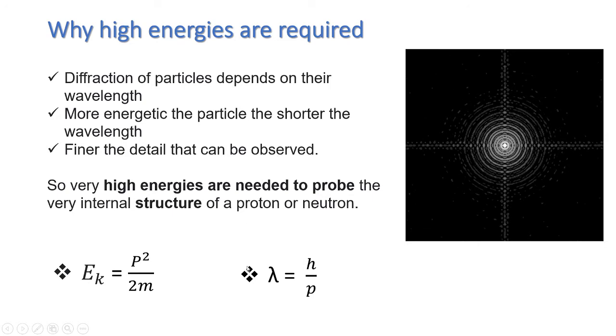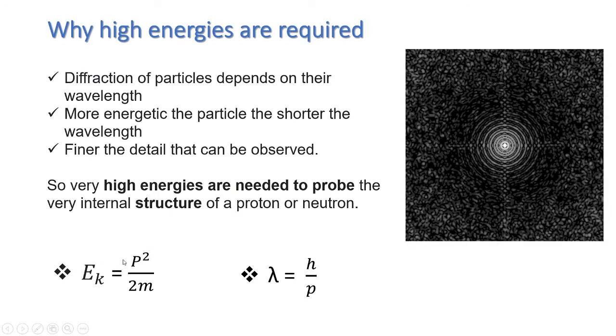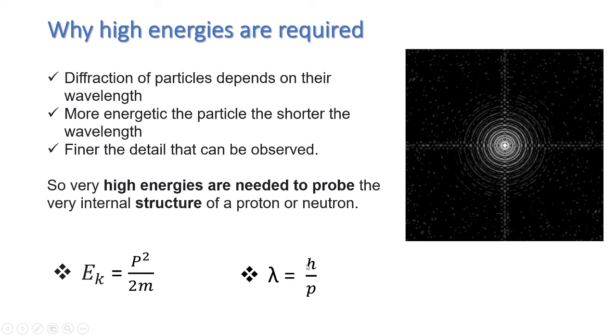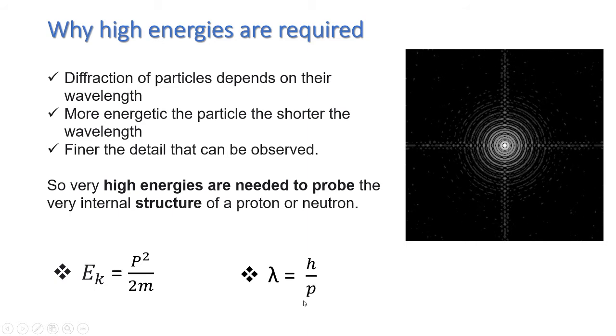Now you can see that more kinetic energy, that is more energetic, means greater momentum. If the particle momentum is greater, it will have a shorter wavelength.